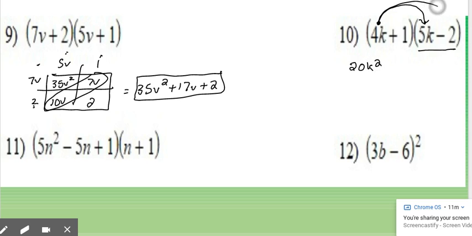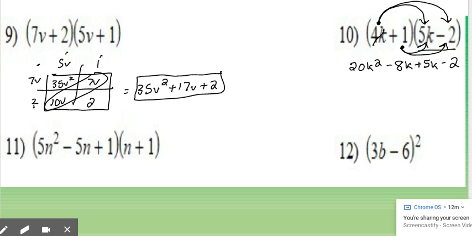And 4k times negative 2 is negative 8k. Okay, I'm done with the 4k, and now I'll do the 1. 1 times 5k is 5k, and 1 times negative 2 is negative 2.